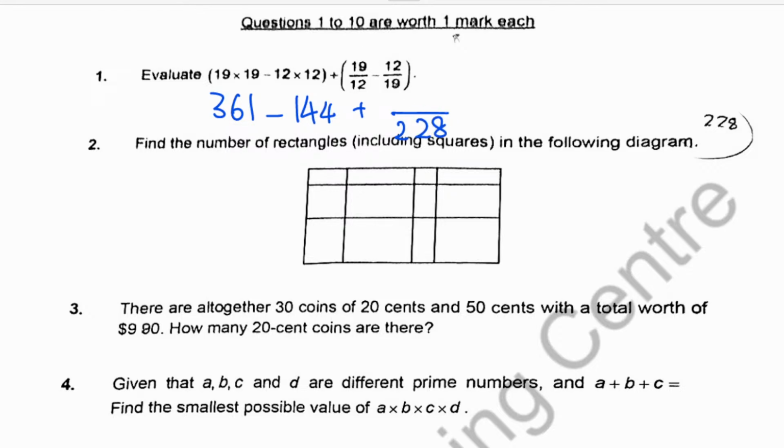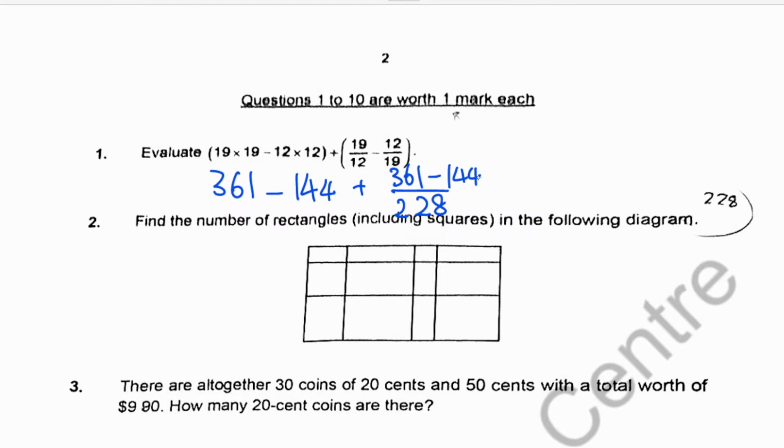On the top, it's 19 times 19 minus 12 times 12, so this will be equal to 217 plus 217 over 228.